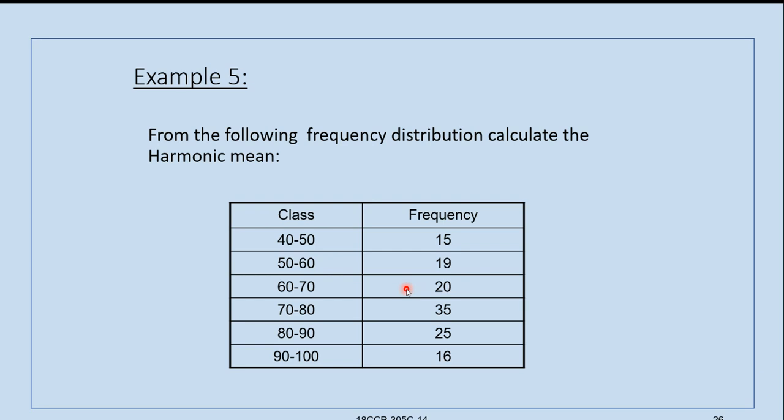In the second column, we will take the midpoint of these class intervals. Midpoint is lower limit plus upper limit by 2. That means for the first class interval, 40 plus 50 divided by 2, 45 is the midpoint. Like this, we will calculate the midpoint for all the series.